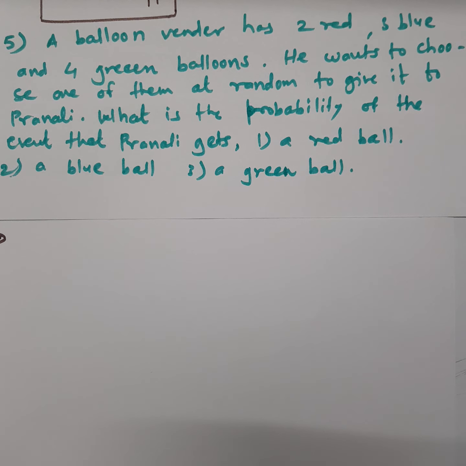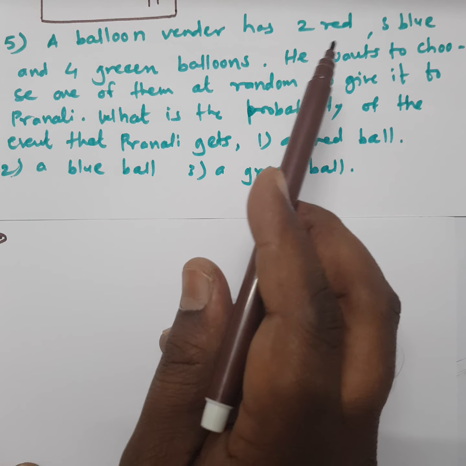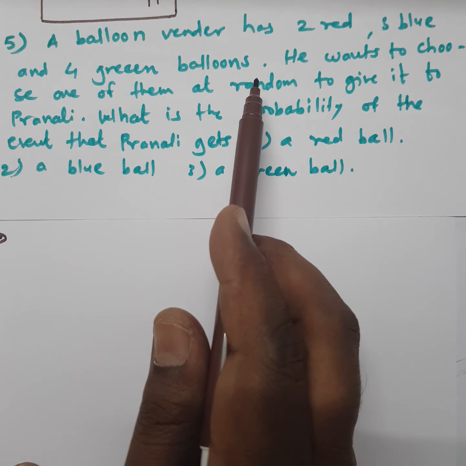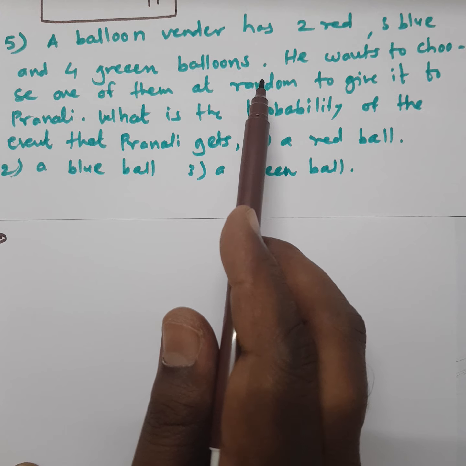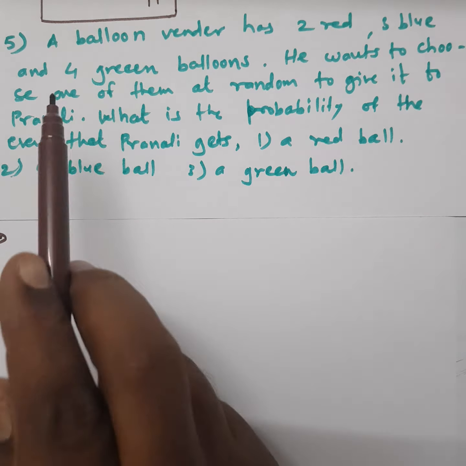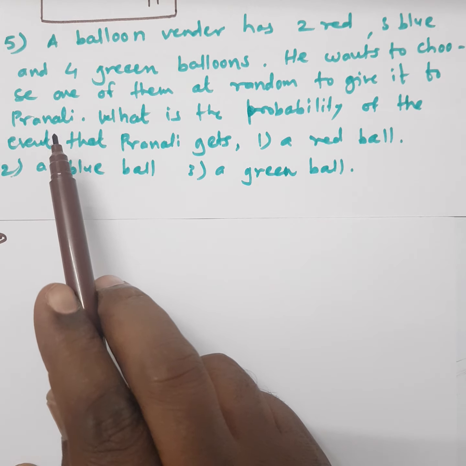Fourth example is simple. You can solve it easily. Now we will take the fifth example. A balloon vendor has 2 red, 3 blue and 4 green balloons. 3 colored balloons are there. He wants to choose one of them at random to give to Pranali.